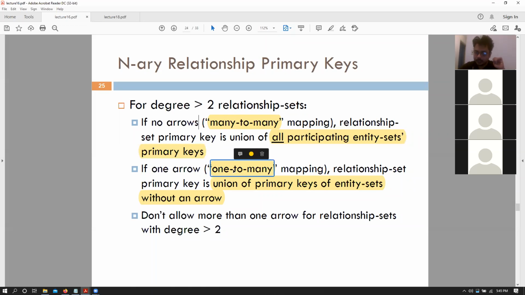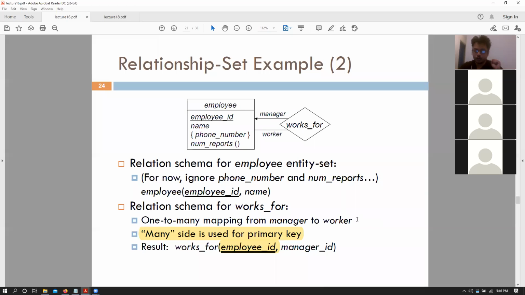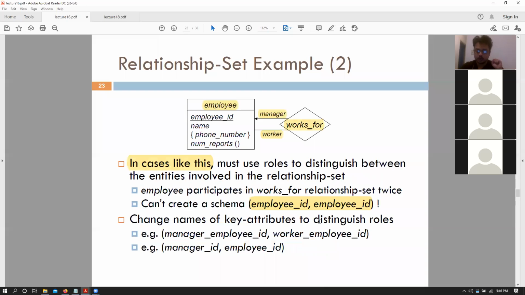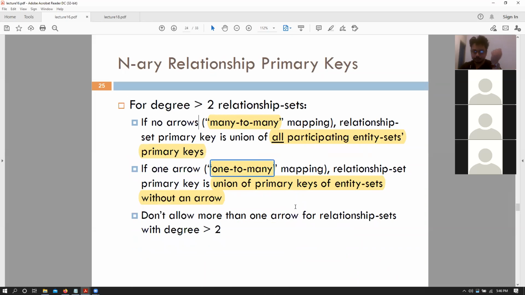If it is a one-to-many or many-to-one relationship set, that means that we are only going to look into the primary keys of the entity sets that do not have an arrow. That is the many part of those entity sets. And you guys can go through the actual different relationships and corroborate on that.